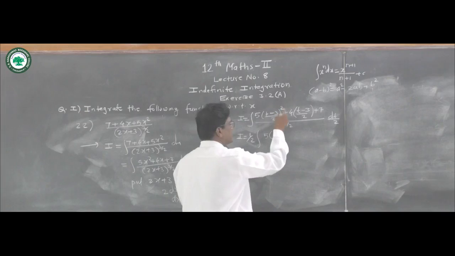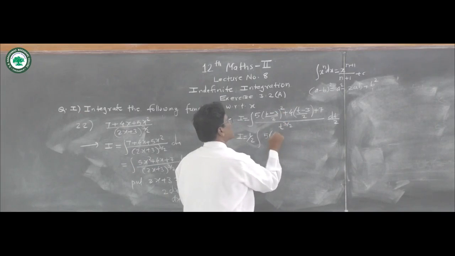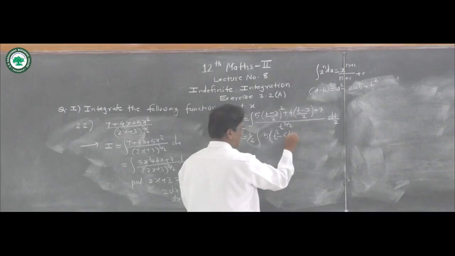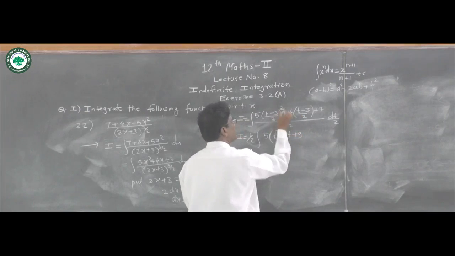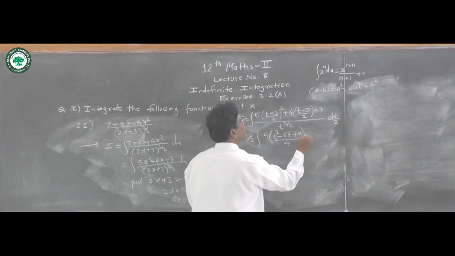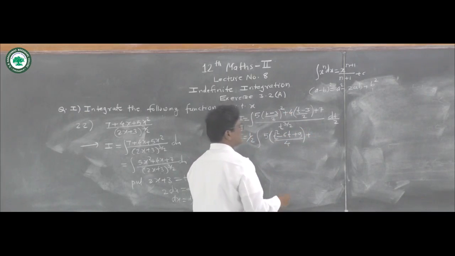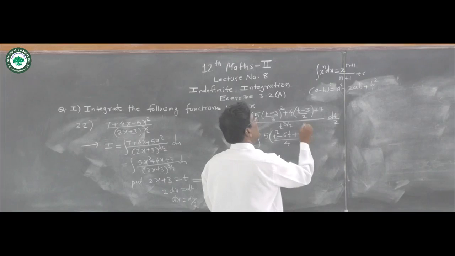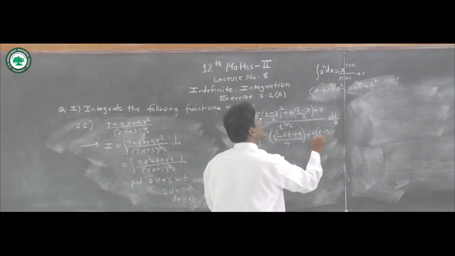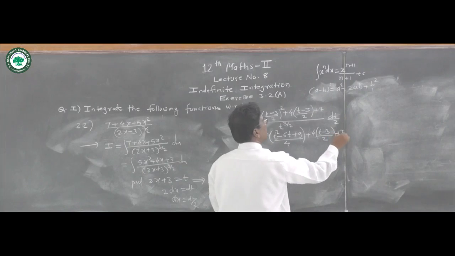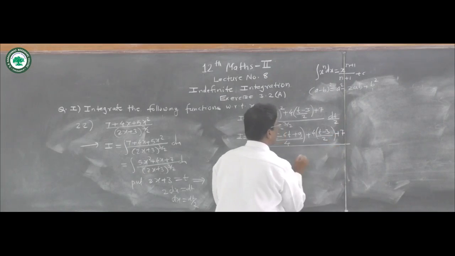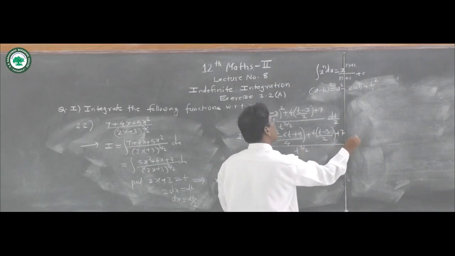So a squared is t squared, minus 2 into t into 3, that is 6t, plus 3 squared, that is plus 9, divided by 2 squared, which is 4, plus 4 into (t - 3) divided by 2, and plus 7, divided by t to the power 3/2, and dt as it is.